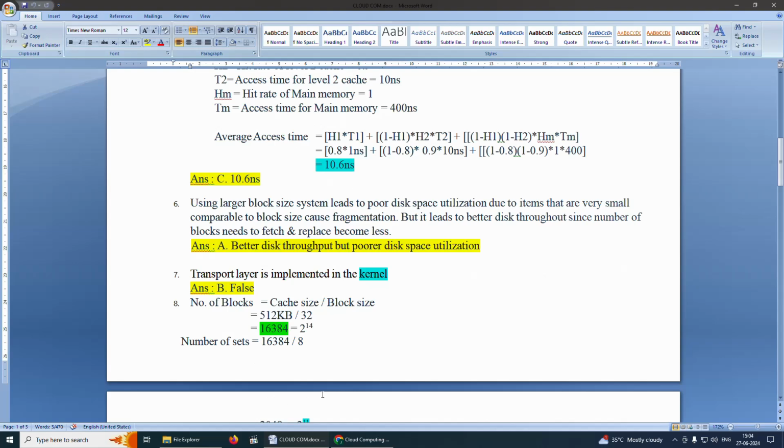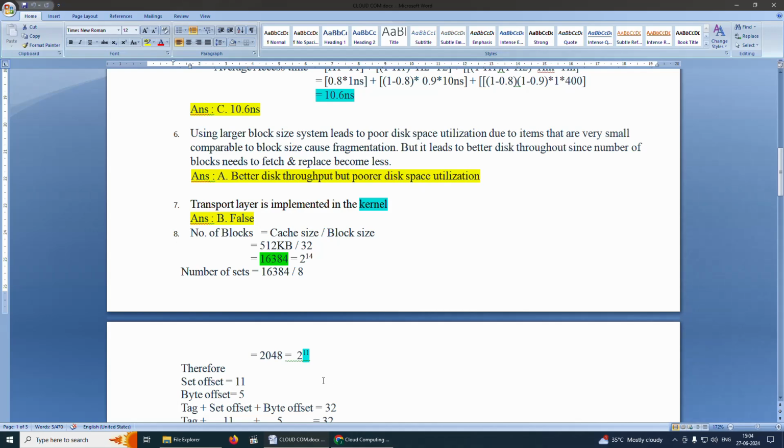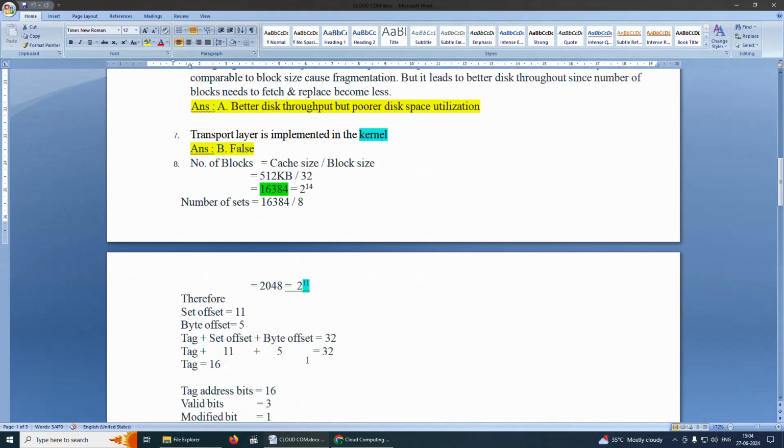The number of blocks is equal to cache size divided by block size, which is equal to 16,384, which is nothing but 2 power 14. The number of sets equals 16,384 divided by 8, which is equal to 2048, which is 2 power 11. So set offset equals 11, byte offset equals 5.